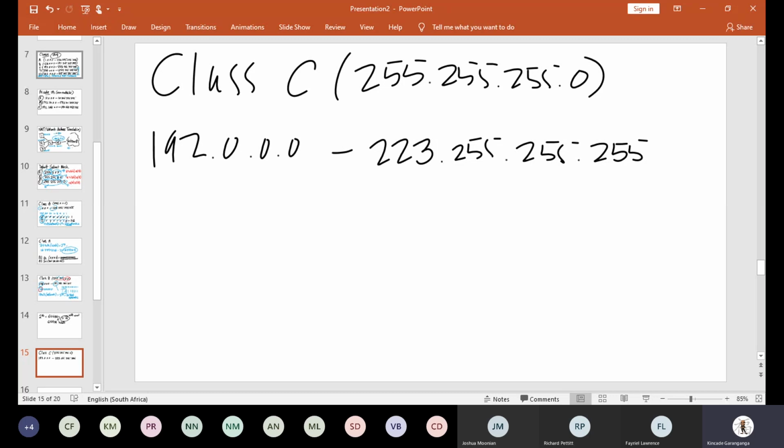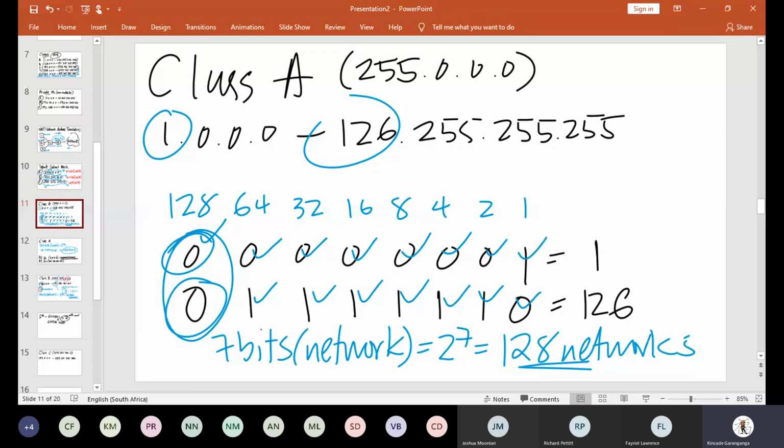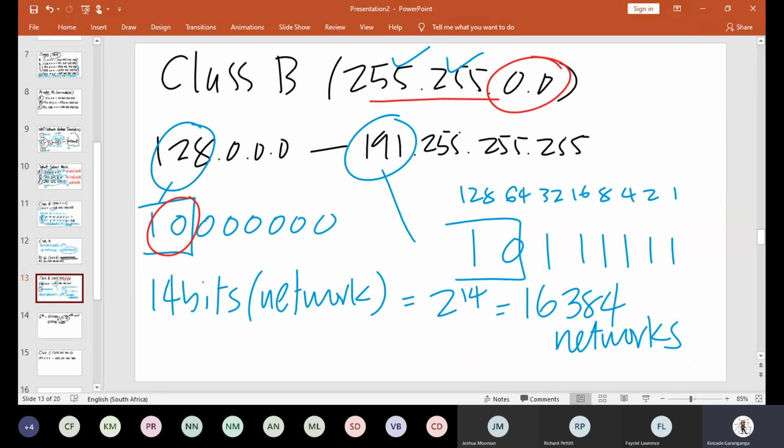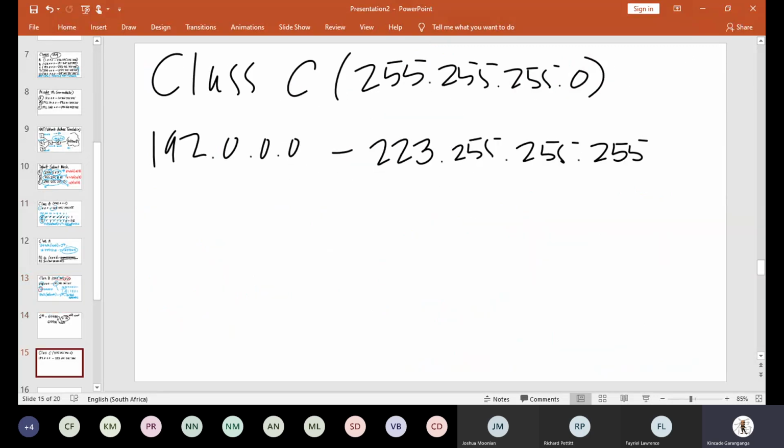So if you look at what we've got initially, with class A, you've got 1 bit incorporated there as far as removing from the basic default is concerned. With class B, you've got 2 bits that have been removed. Obviously, with class C, it's the 3 bits that we're looking at as far as conventions would go.